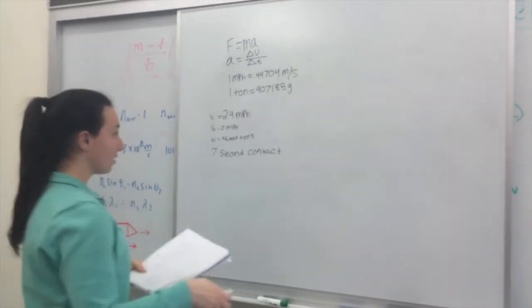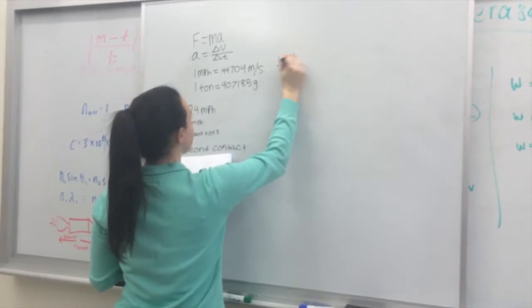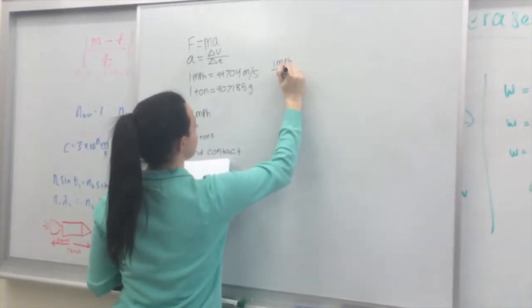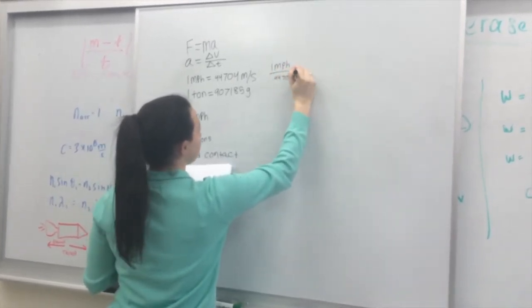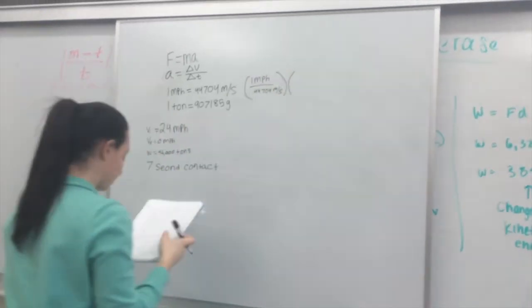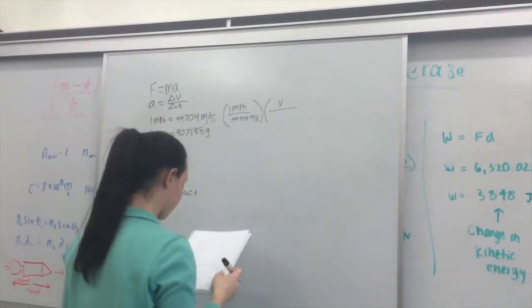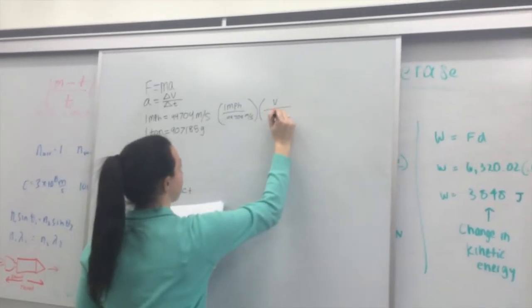So it would be 1 mile an hour over 0.44704 meters per second times velocity over 24 miles an hour.